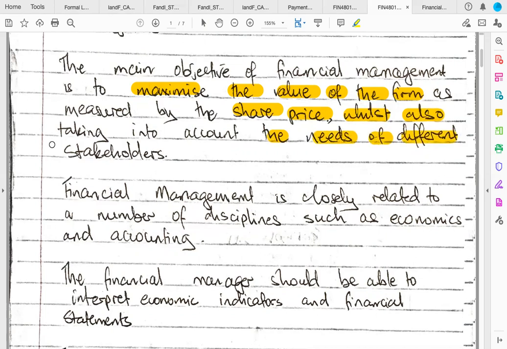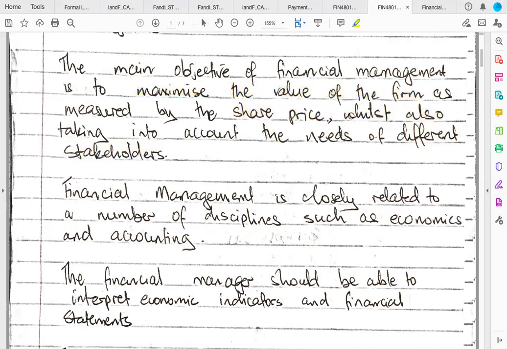So, as a company, and as the financial management function, not only should you be concerned with maximizing the value of the firm as measured by the share price, but you need to do that whilst also taking into account the needs of the different stakeholders.